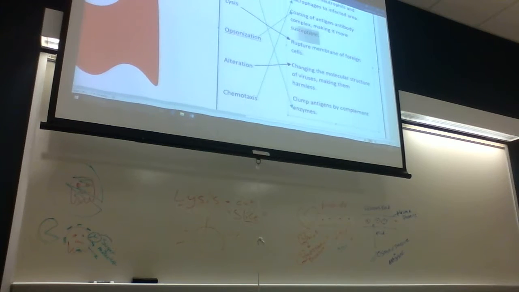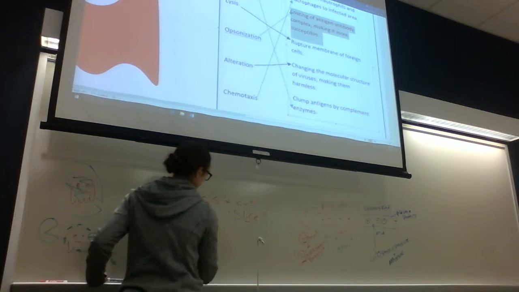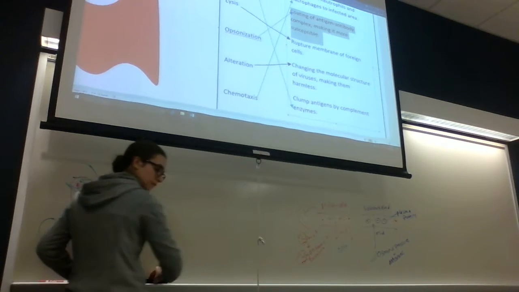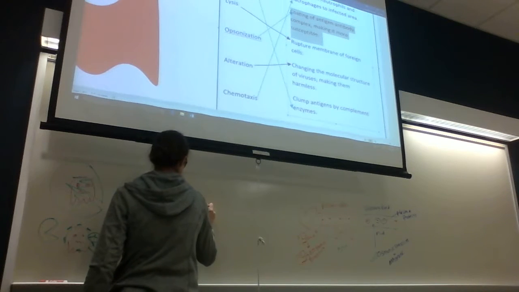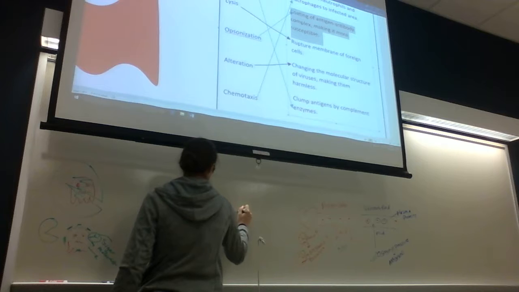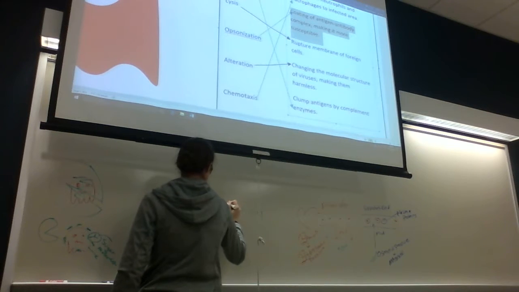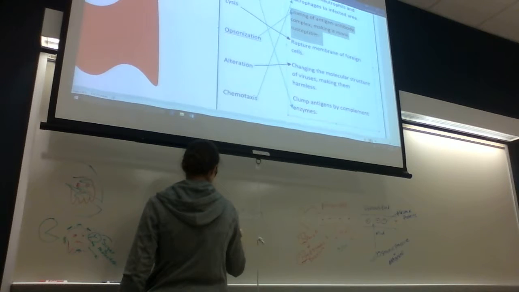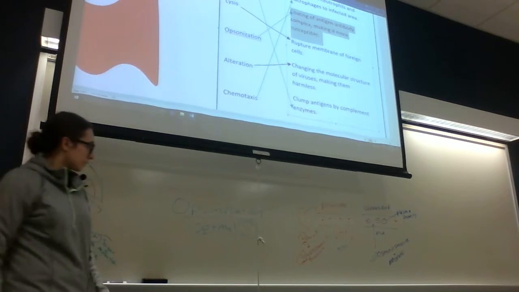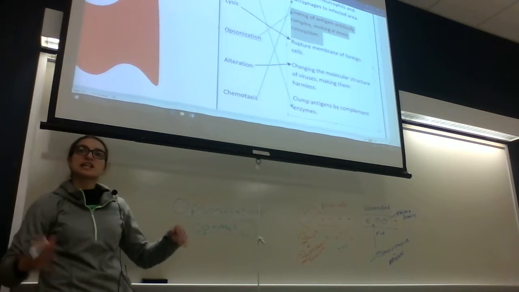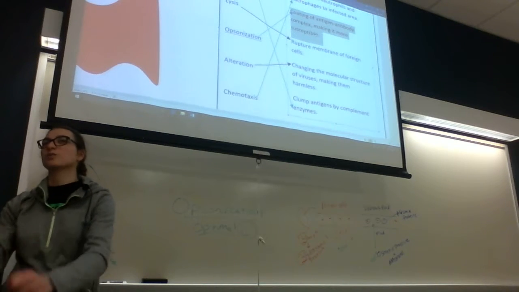You have then opsonization, and opsonization is the coating of antigen-antibody complex and making it more susceptible. So I like to think of opsonization as optimal. It's what you want it to be.